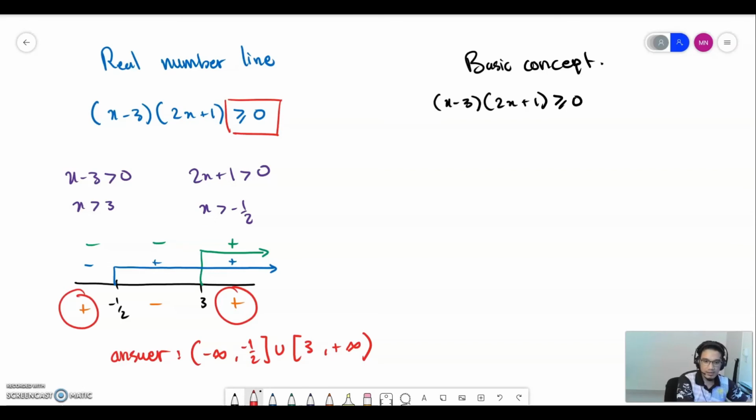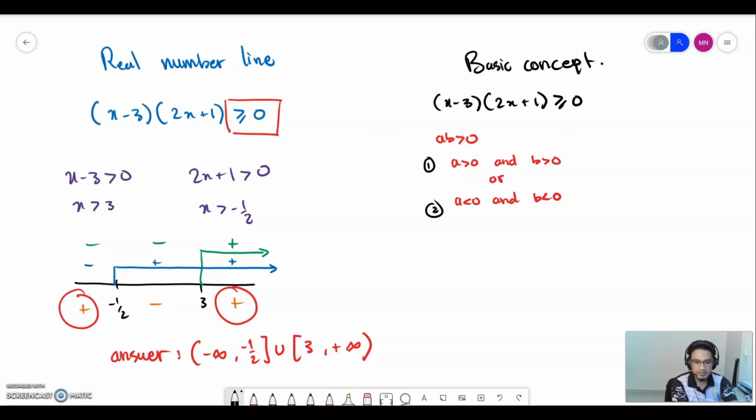The theorem said, if A times B is bigger than 0, there will be two outcomes: A bigger than 0 and B bigger than 0, or A less than 0 and B less than 0. So we separate it into two parts. We make this the first part and this the second part.